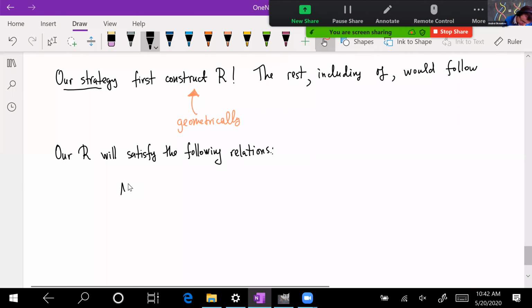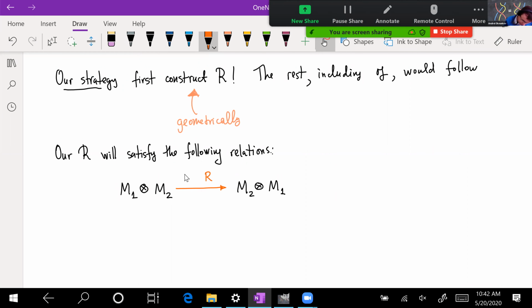If I have two modules, let me drop the argument. If I'm looking for the intertwiner between this and this, then the way to have this intertwiner is to first apply the R matrix and then permute the factors. Because there will be an intertwiner, this object is called R check.